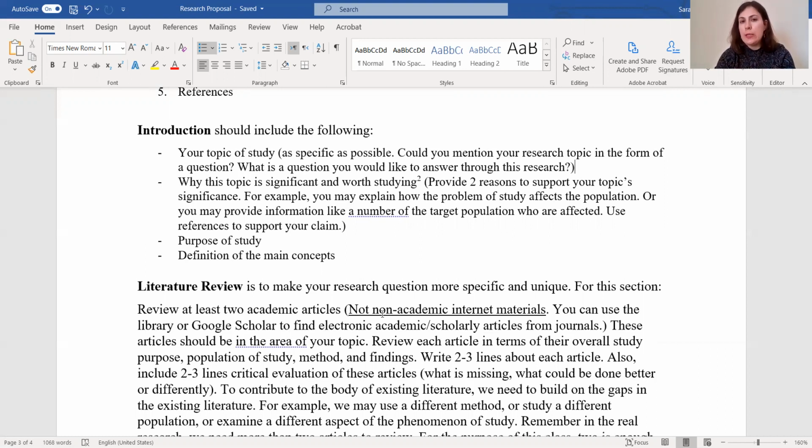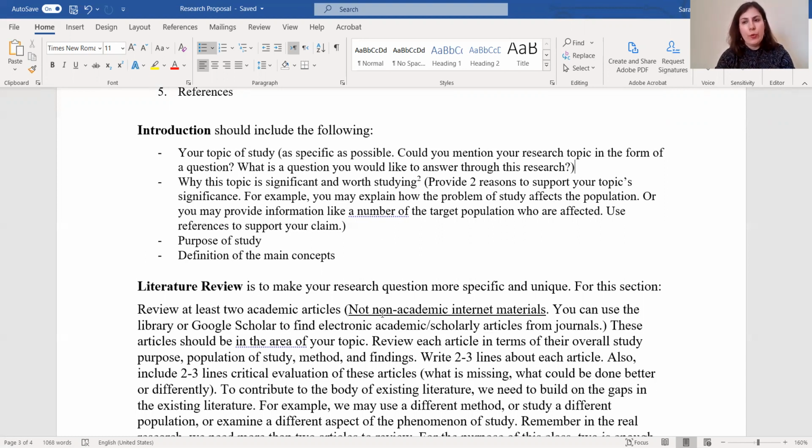There are two reasons why it's important to study this topic. You can say, there is a big number of recent immigrants in the US, and then it's important to study poverty among them. I mean, you can explain that the number is considerable and it's so important to do research about this population.